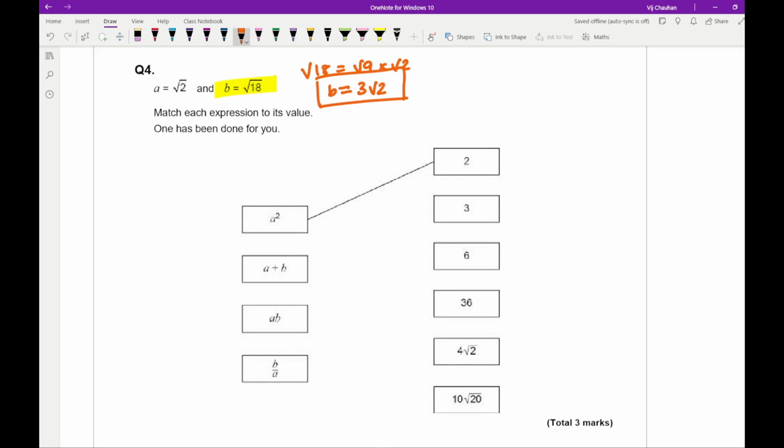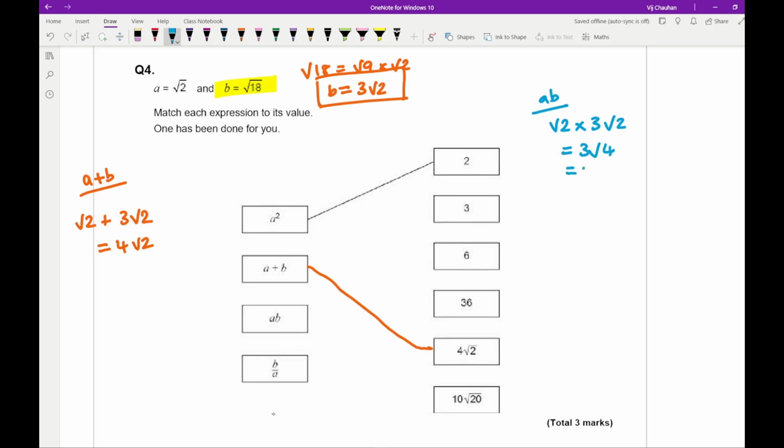So looking at the next one, here we've got A plus B. So that's going to be root 2 plus 3 root 2, which gives us 4 root 2. So this is going to go to this one here. Then we look at AB. So AB, A is root 2, so that's root 2 times 3 root 2, in which we then end up with 3 root 4, which is the same as 3 times 2, which is 6.